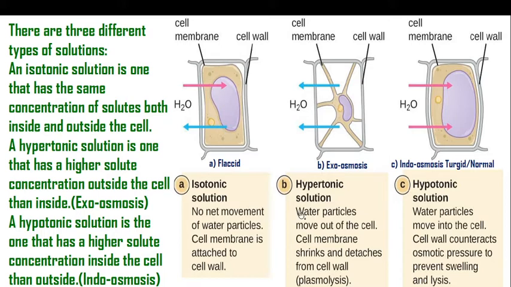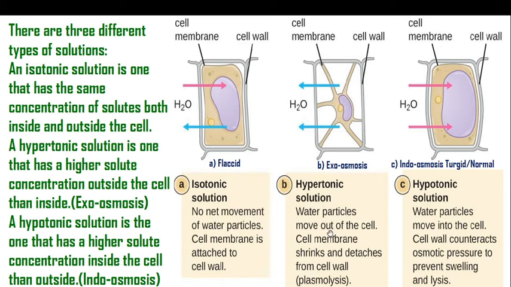Later, if that cell is taken out of that solution and placed in a hypertonic solution, which has a higher solute concentration outside the cell than inside, that is exoosmosis. So what happens in a hypertonic solution or exoosmosis?